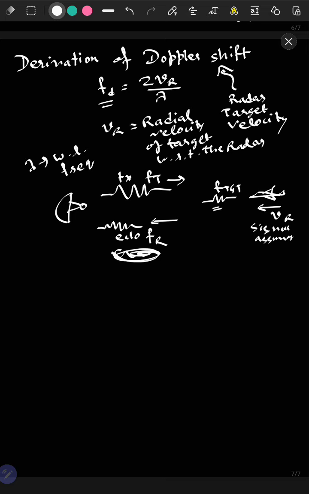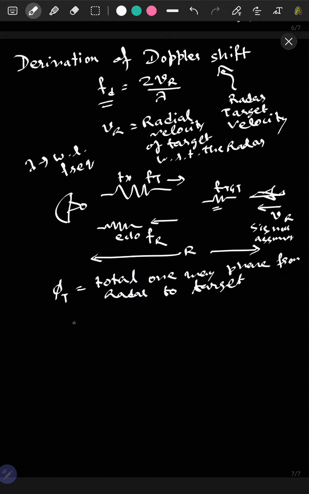So the total one-way phase from the radar to the target would be 2 pi by lambda t into the range, where lambda t is the wavelength of transmitter.